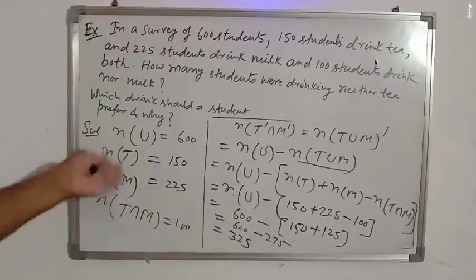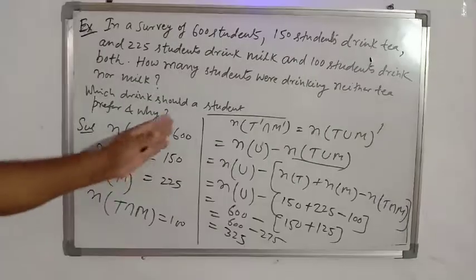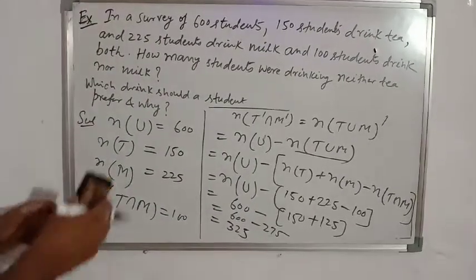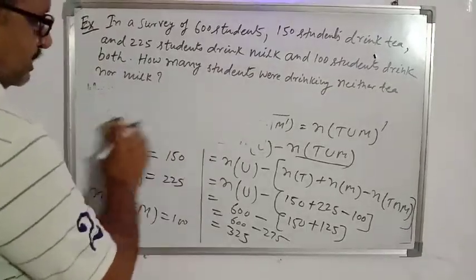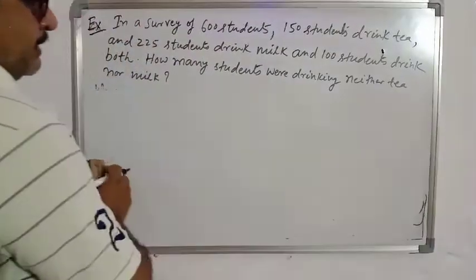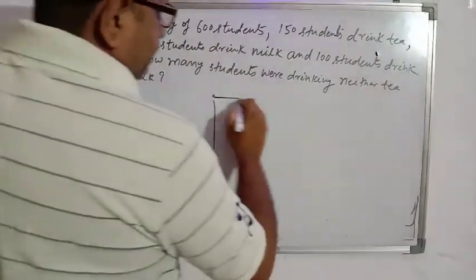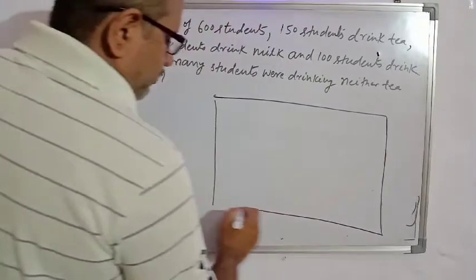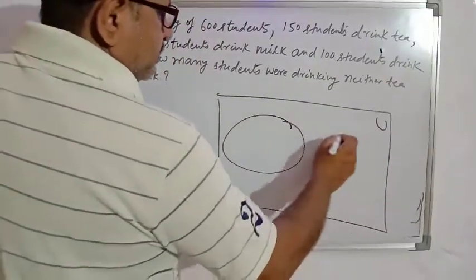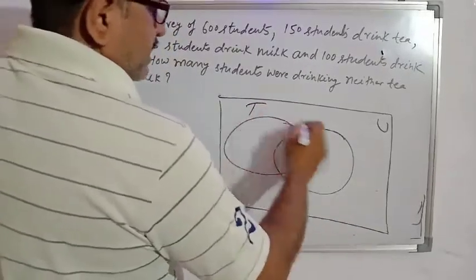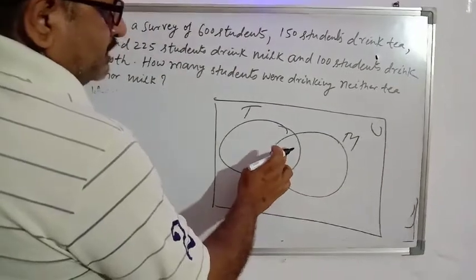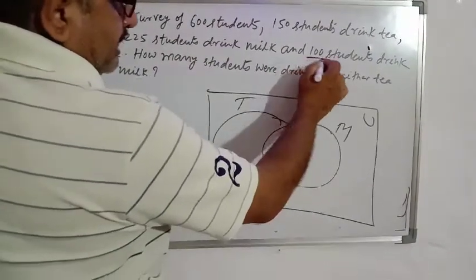We can also do this problem using a Venn diagram. Here I have not used the Venn diagram. If we take a Venn diagram, how can we do it? We make a rectangle for the universal set, then make two circles, one for tea and another for milk. This is the intersection region. Firstly we fill the intersection region with 100.